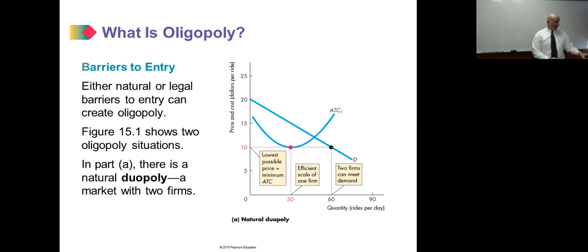Now let's recap. We're going to assume here, what's the chief end of every corporation, every organization? To maximize profit. So if we're going to maximize profit in this case, $10 is the lowest amount that we can charge. When a firm produces the efficient number at $10, we are producing 20 rides.